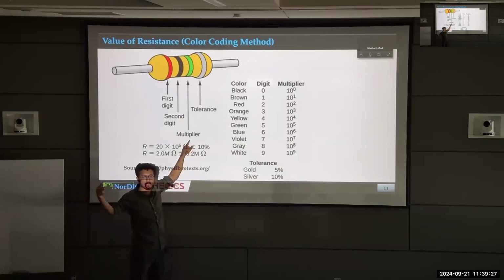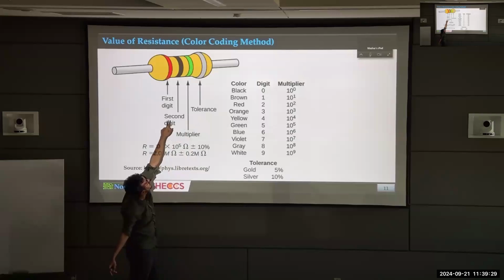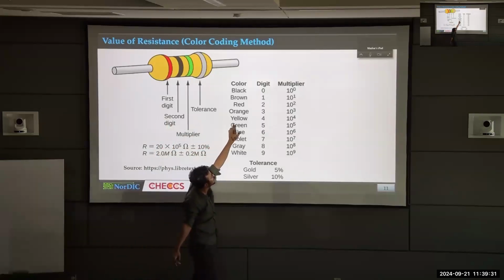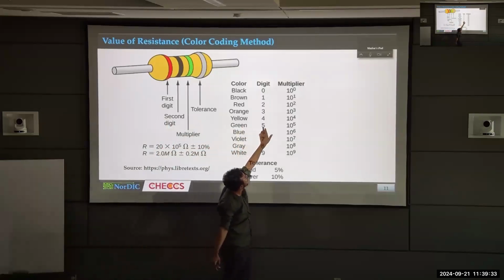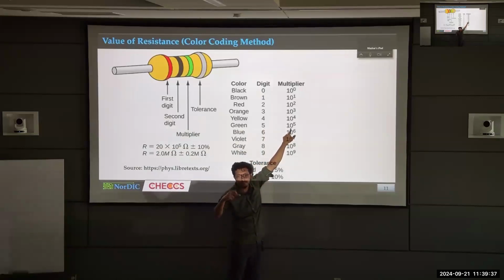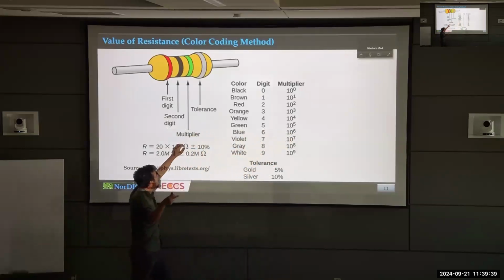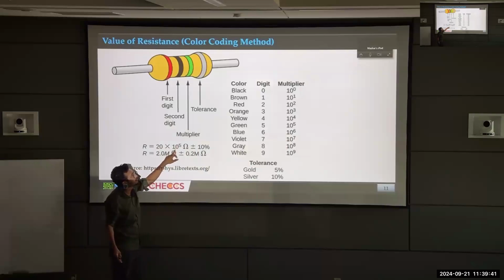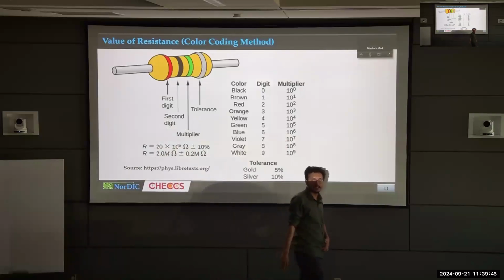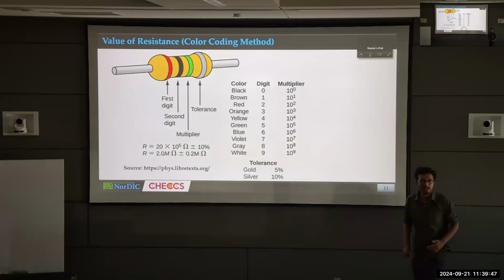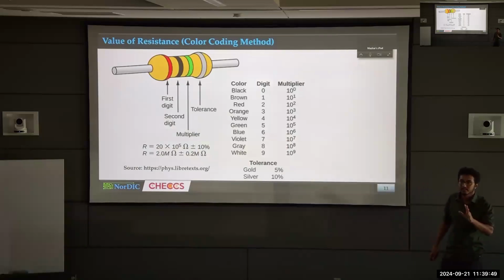You see my point? So what is the multiplier there? Green, the third color, look at the green. Green is basically 5, and as the third color it is 10 to the power 5. That means add 5 zeros to it, or multiply it by 10 to the power 5. Do you have any question on that? Are you clear? So what's the tolerance?